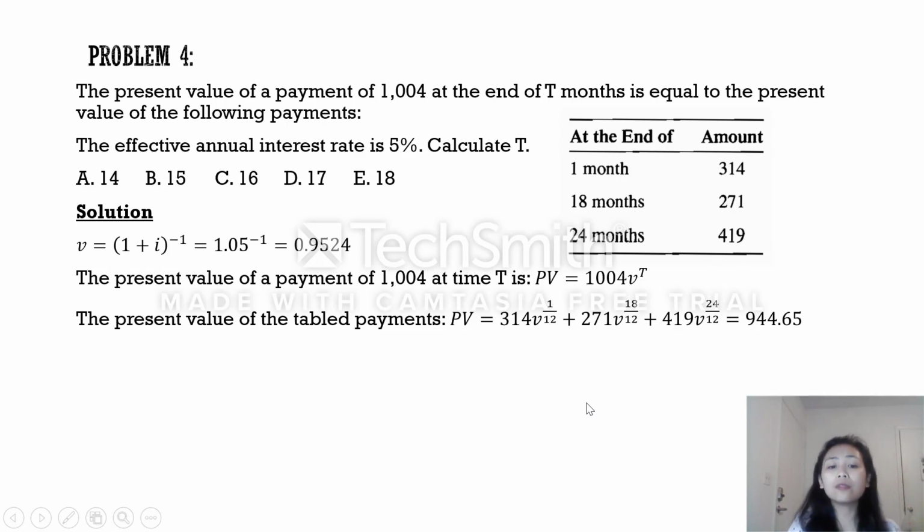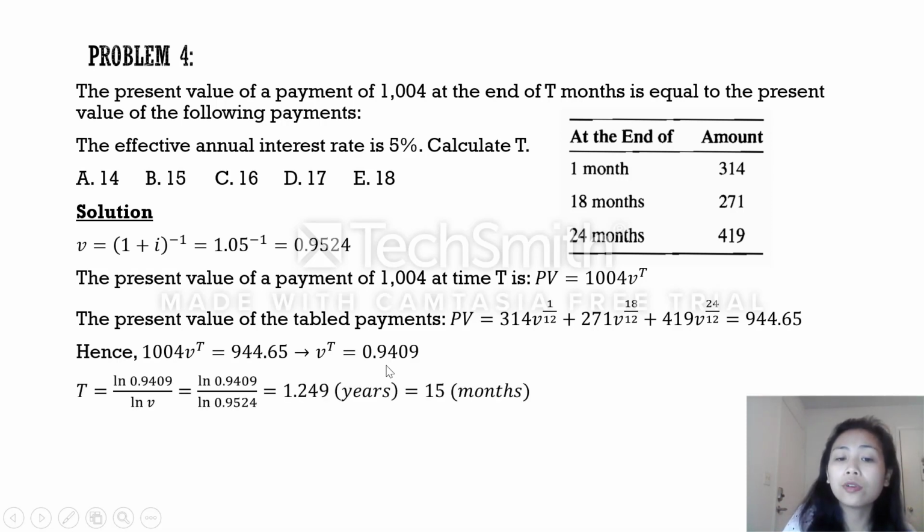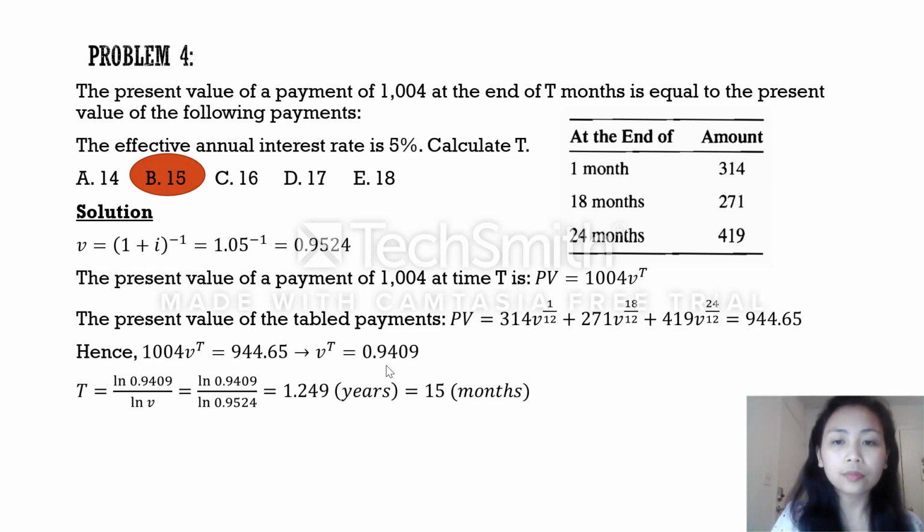So the present value of the total payment here is $944.65. Now we are going to set the two present values equal and solve for t. So 1,004 v to the t is equal to 944.65. So we have v to the t is 0.9409 and t is 15 months. So the answer is 15, which is B.